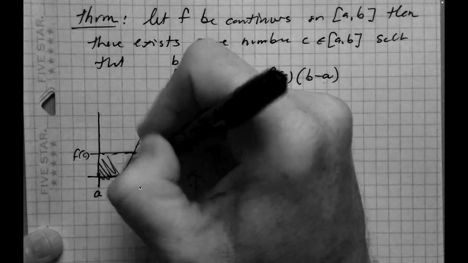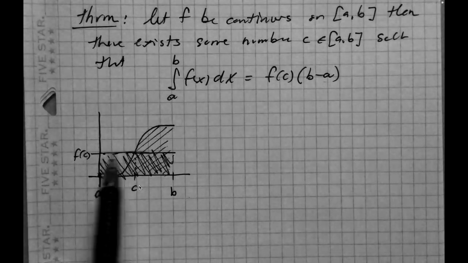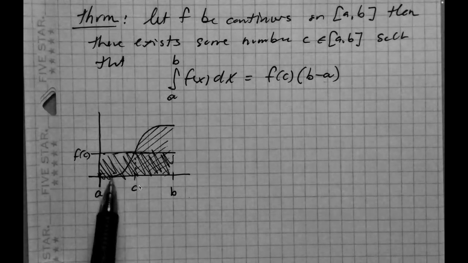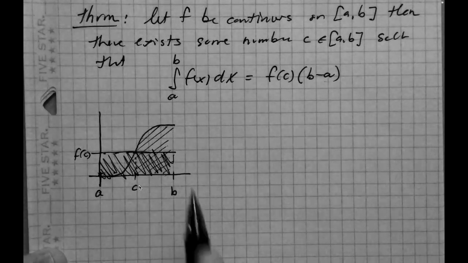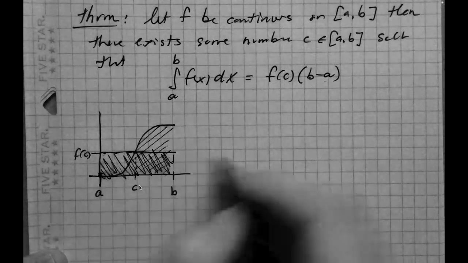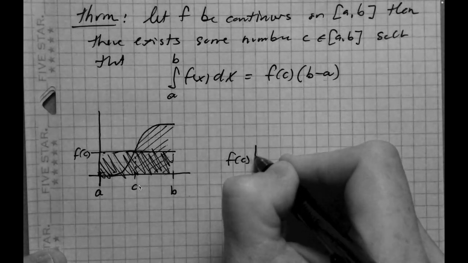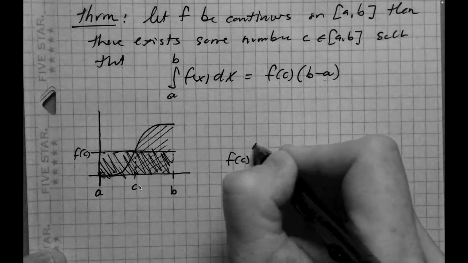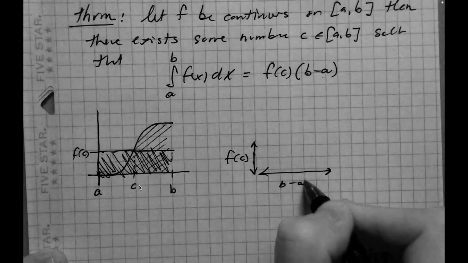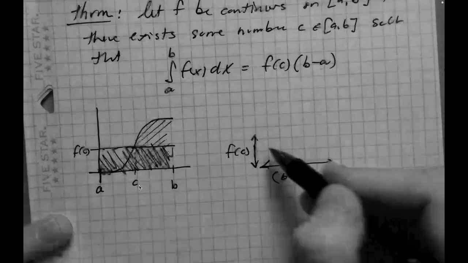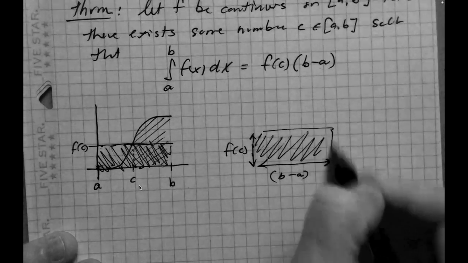There's some area in that rectangle which is going to correspond precisely to the area under the curve over the entire interval. Okay, so the area inside this rectangle, there's some area swept out there. You can see I drew it on the picture, but it's just a rectangle, isn't it?